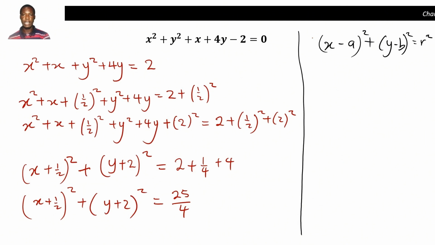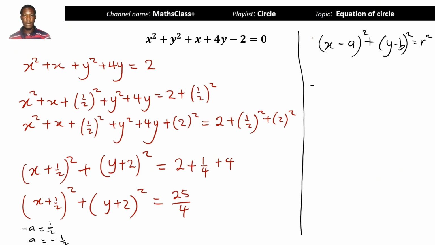So if you look at what we have, minus a here is representing 1 over 2 from the circle. So minus a is 1 over 2. That means a is minus 1 over 2.